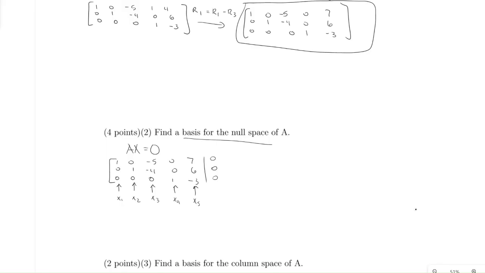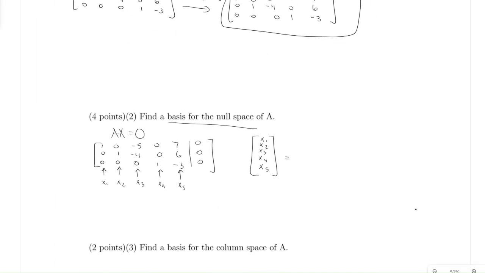We see that we have some free parameters, and our free variables in this case are x3 and x5, and we can write x1, x2, and x4 in terms of those variables. We can write the solution set as a linear combination of x3 and x5.